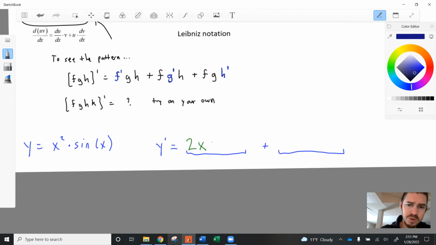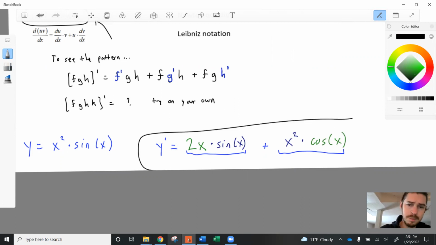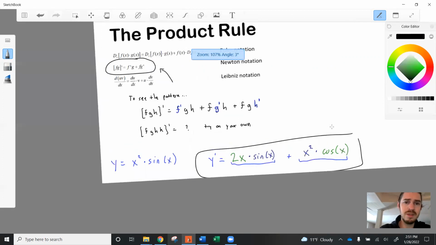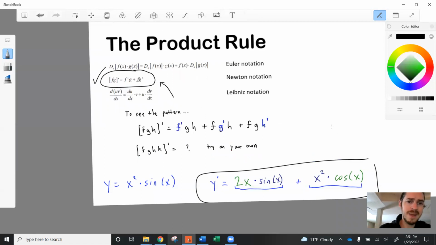But that will just be multiplied by the original second factor, sine of x. In the second term, we'll leave the x squared alone, and we'll just take the derivative of the second factor. The derivative of sine is cosine. So it looks like that. And there we go. That's the result. It's 2x times sine of x plus x squared times cosine of x. That's following this product rule pattern described up there.